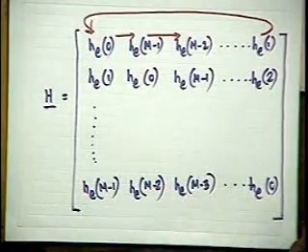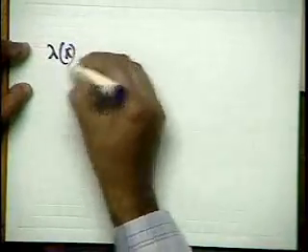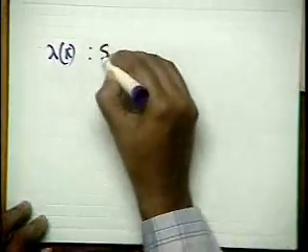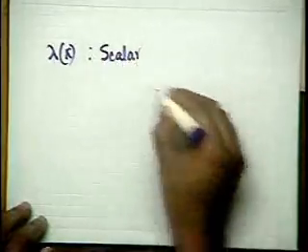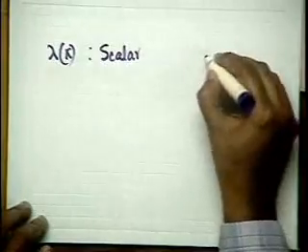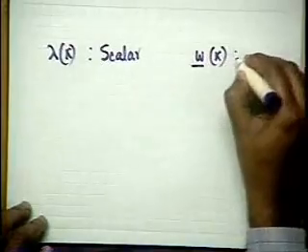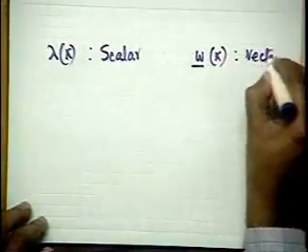And now we define two new quantities, okay. One is a scalar function, which I call lambda with some index k, and the other is a vector, which I will call wk.